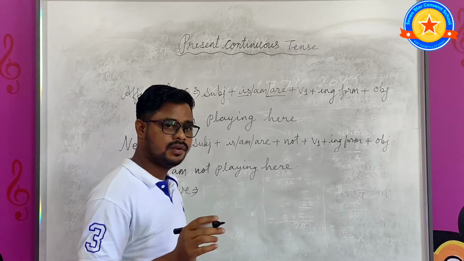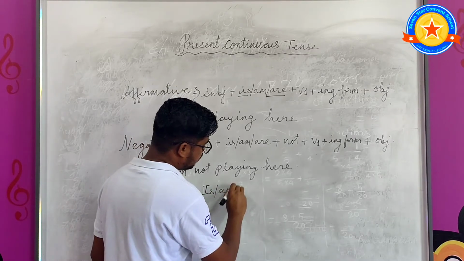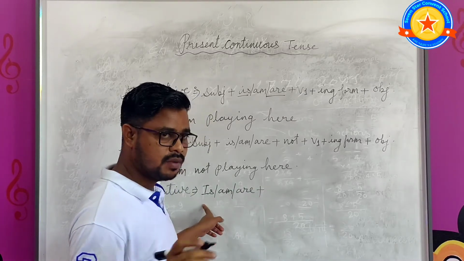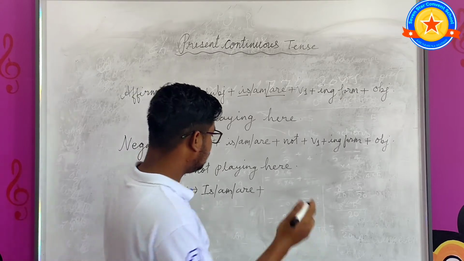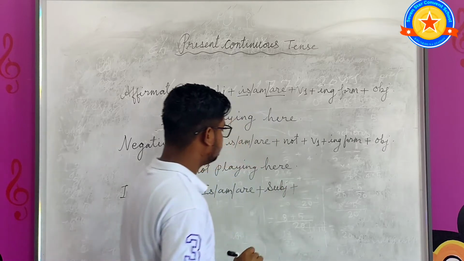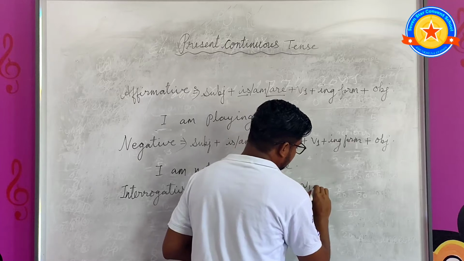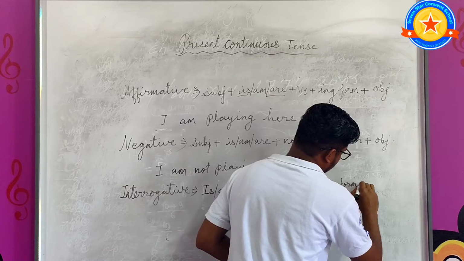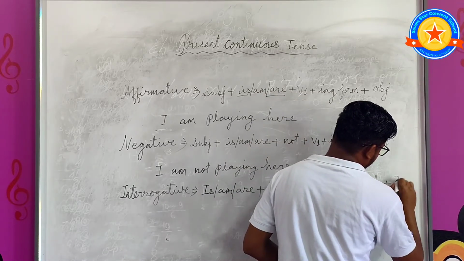In a yes-no type interrogative sentence: is, am, are, then after the helping verb you write the subject plus verb 1 plus ing form plus object plus question mark.